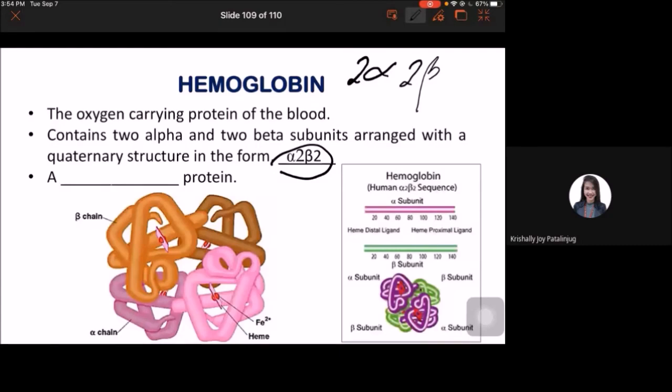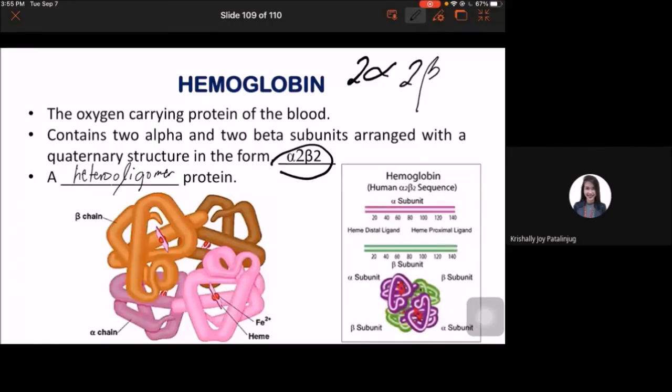So, with that being said, kung you have 2 alpha, 2 beta, anong klaseng oligomer ito? Hetero or homo oligomer? Very good. This is hetero-oligomer.